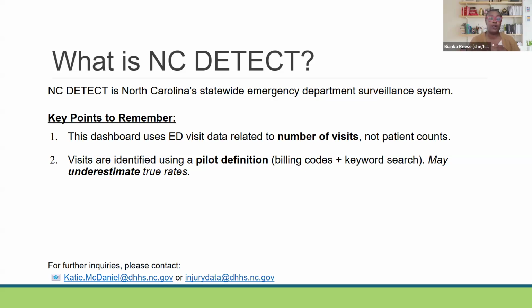And also keywords like SANE, the sexual assault nurse examiner, SA for sexual assault, or SAFE, sexual assault forensic exam. So those kinds of keywords are what's being picked up in this data.